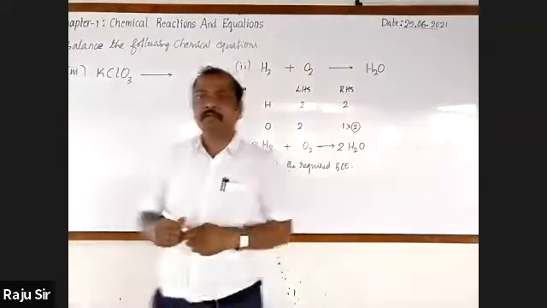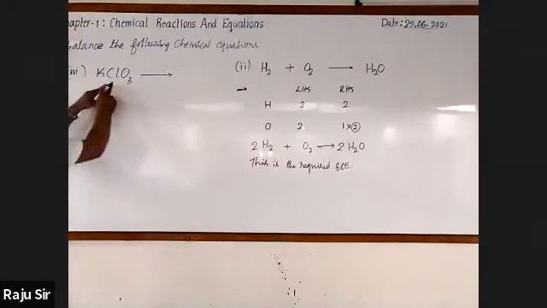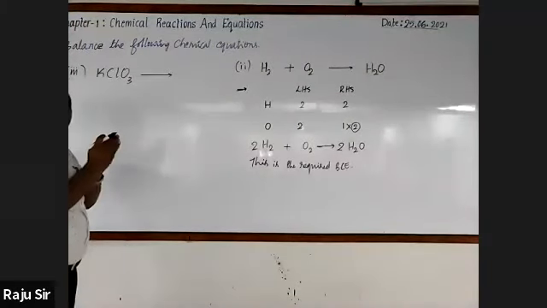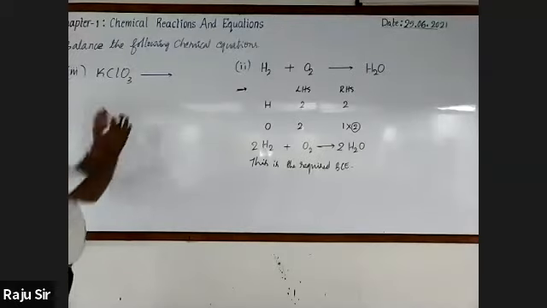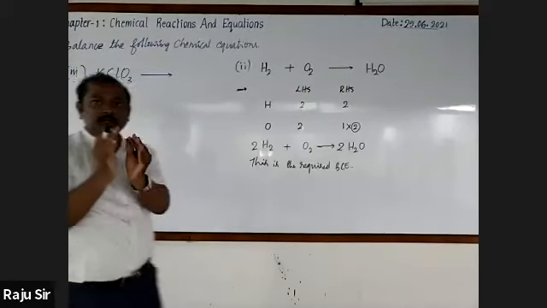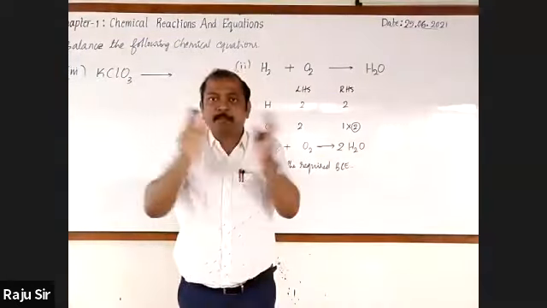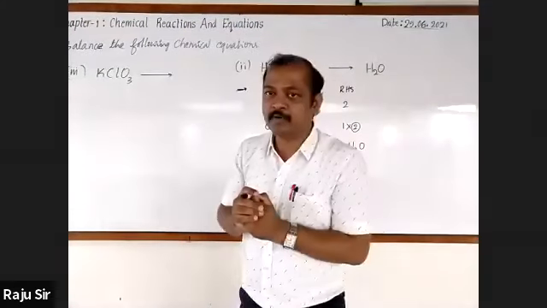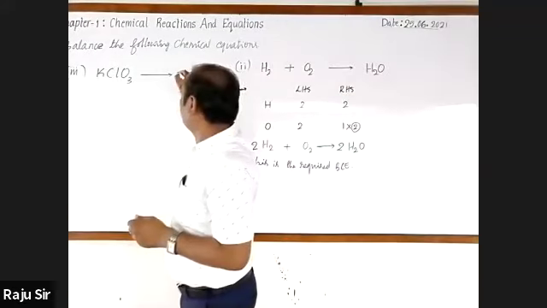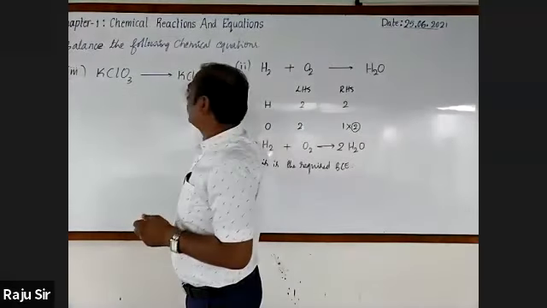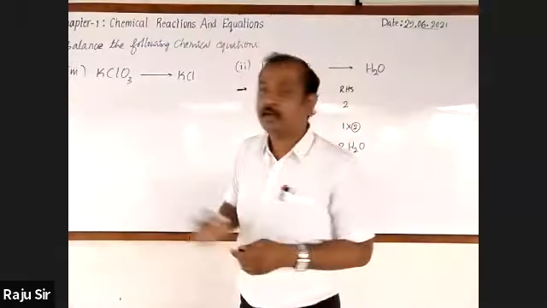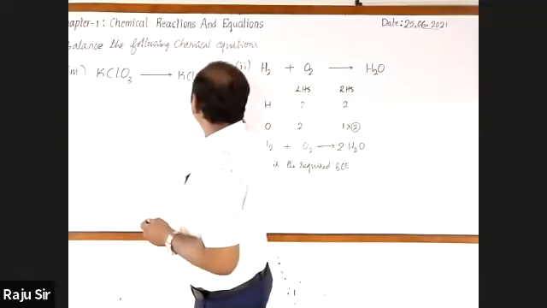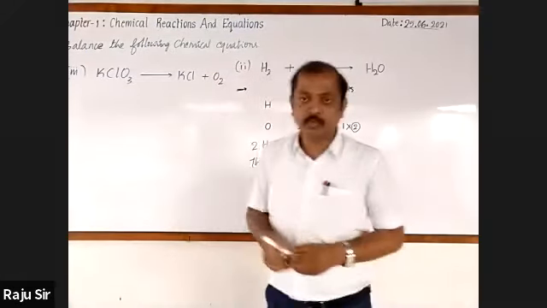Just for information, here is potassium chlorate. Now we are heating it. When it is heated, this one compound gets split up into 2 compounds. You know what these compounds are? Potassium chloride, KCl, and oxygen, O2.